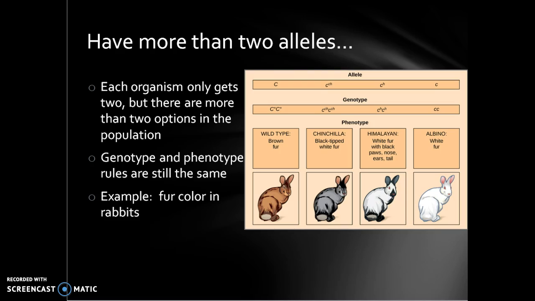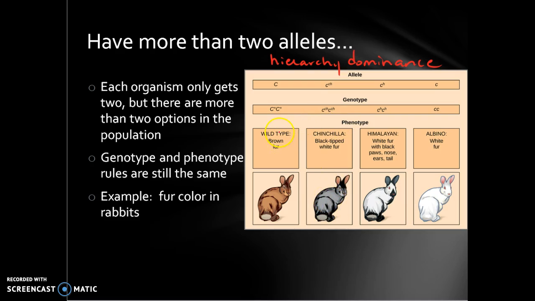The one difference here is that this is where you might get a hierarchy of dominance. In this case, we're looking at rabbit fur color, where you have the wild type, which is dominant over everything. Then you have the chinchilla color, which is black-tipped white fur, so you get a gray color.